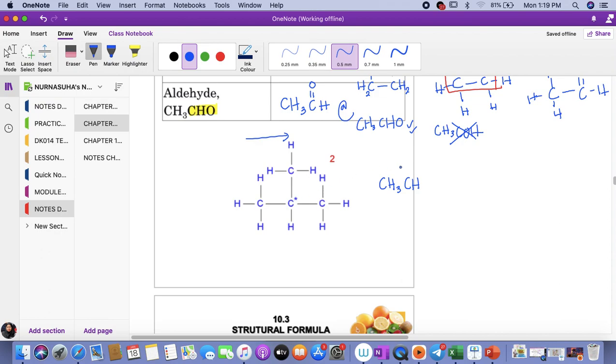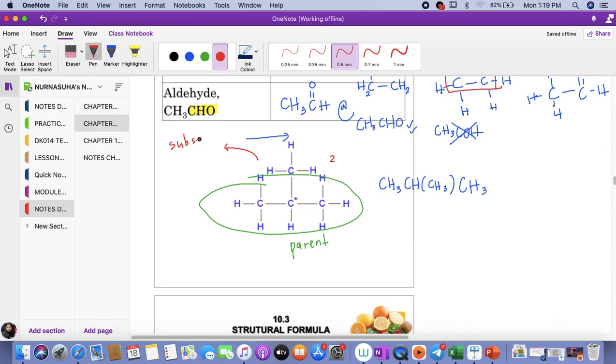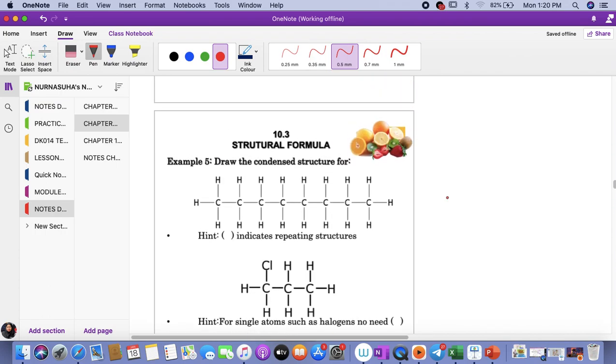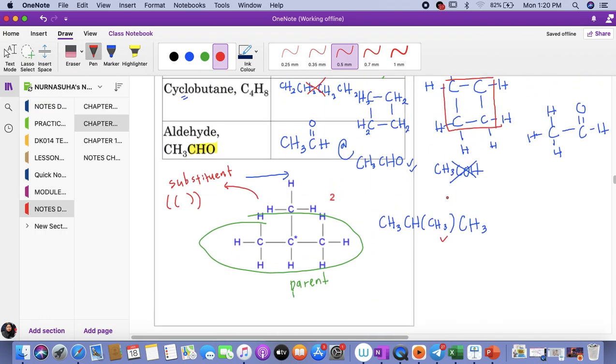But on this carbon there is a CH3 group attached to it. Put it in brackets. Next is CH3, next is CH3. The long chain we call the parent. What is attached to the parent we call the substituent, and the substituent is placed in brackets like this.